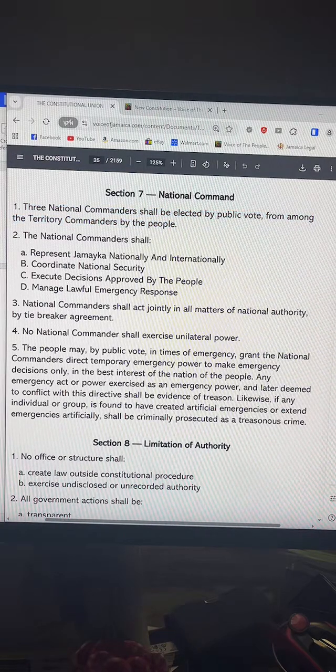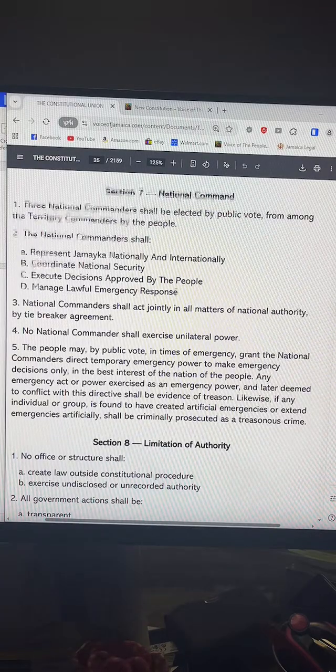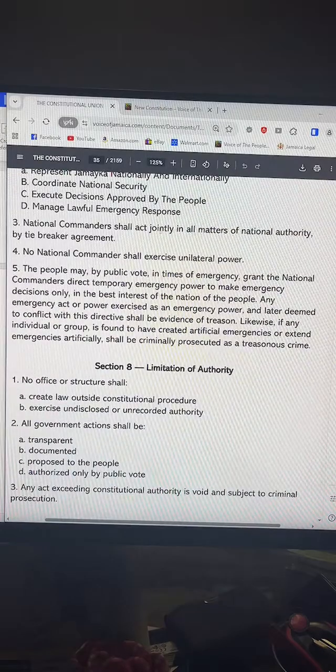The national commanders shall represent Jamaica nationally and internationally, coordinate national security, execute decisions approved by the people, and manage lawful emergency response. National commanders shall act jointly in all matters of national authority by tiebreaker agreement.